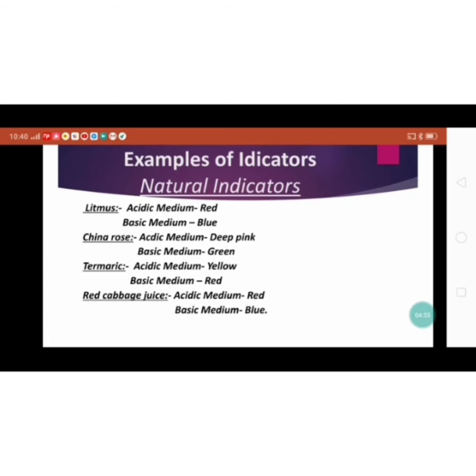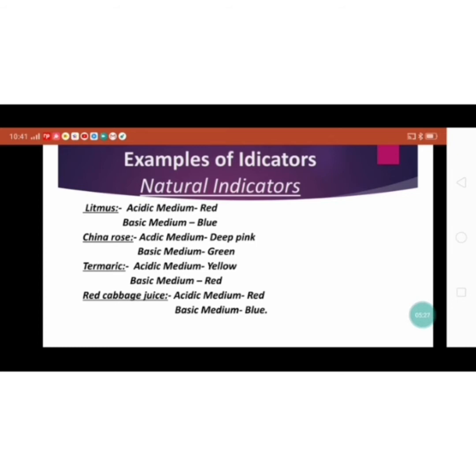Litmus is mauve color solution. That means it is purple color solution. When it is extracted from lichen and made into solution, its color is purple. Litmus is used as solution and also as paper strips.